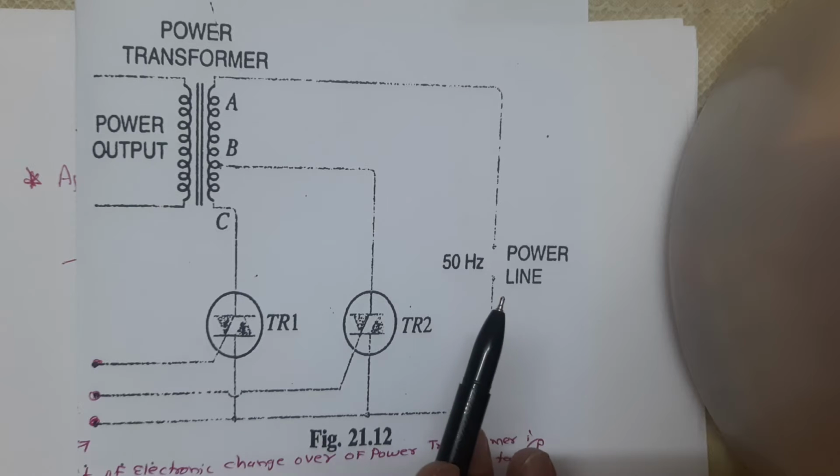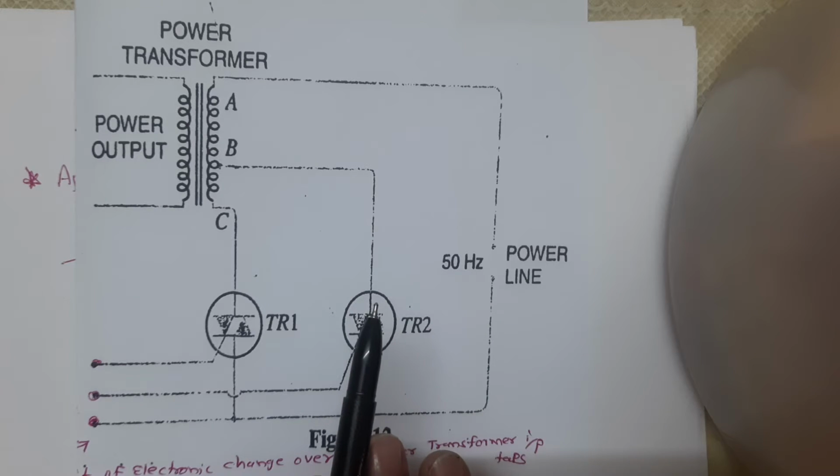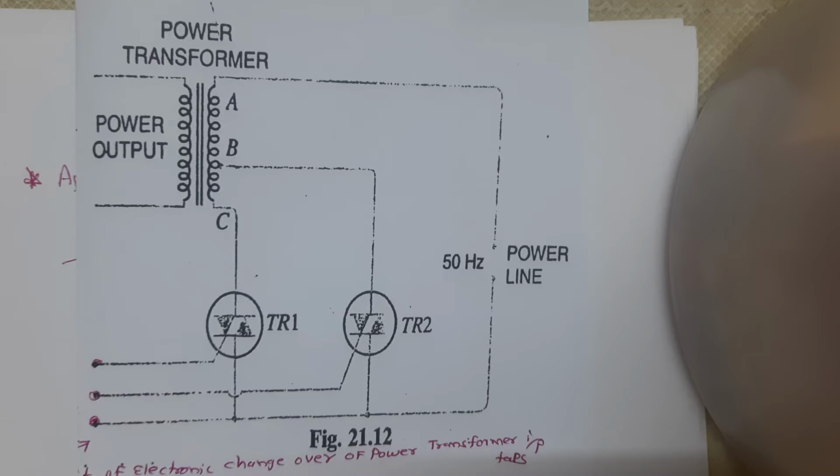From this figure, we can see the circuit of electronic changeover of the power transformer input tapes. Two triacs, TR1 and TR2, are used for this purpose. When the triac TR1 is turned on and TR2 is turned off, the line input is connected across the full transformer primary AC.